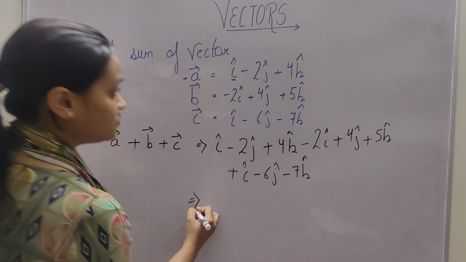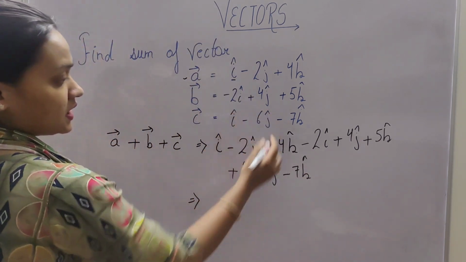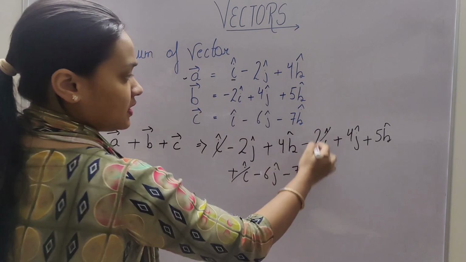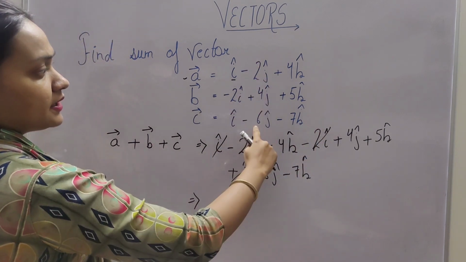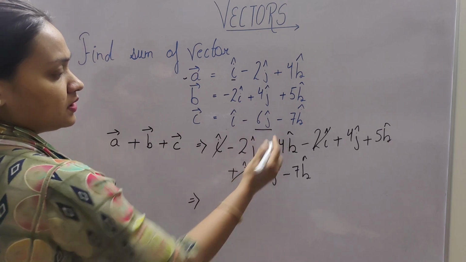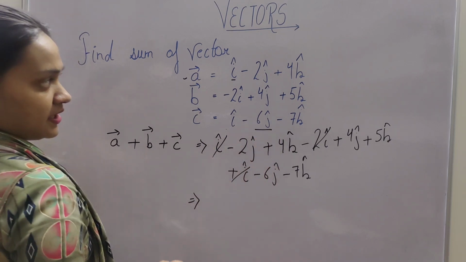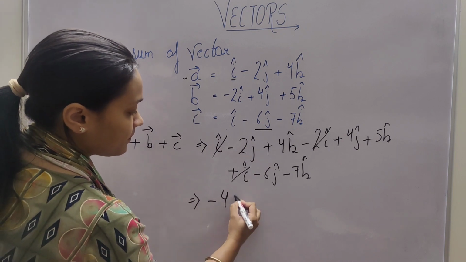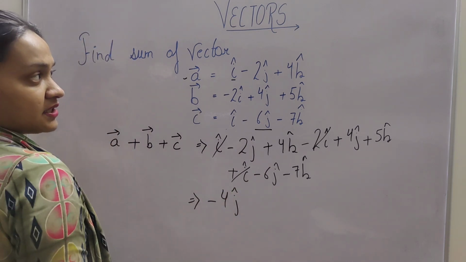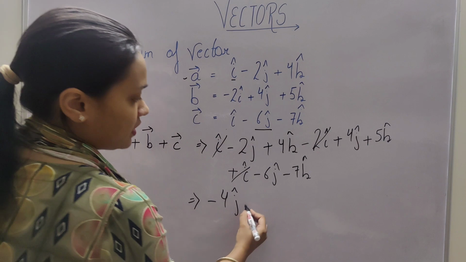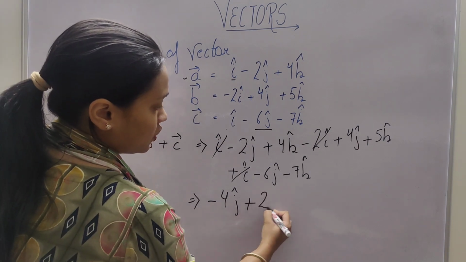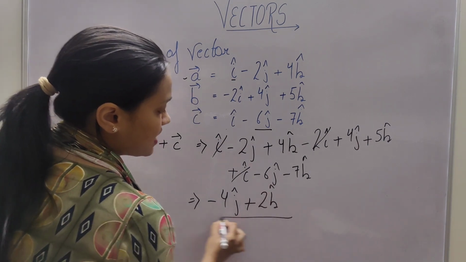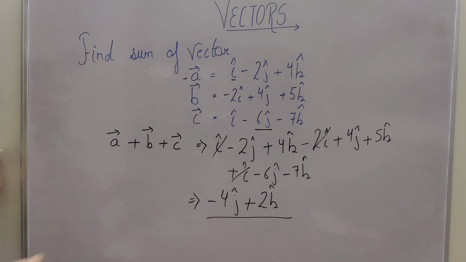So the values here come, this is all cut down and adding this value, j, you get your answer, which is minus 4j, and k, the value comes plus 2k. This is the answer of your question.